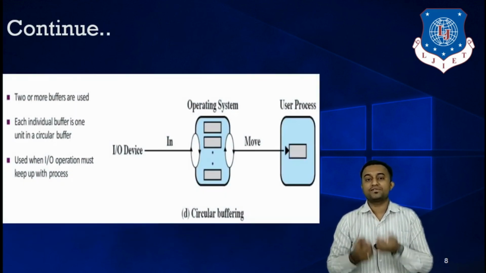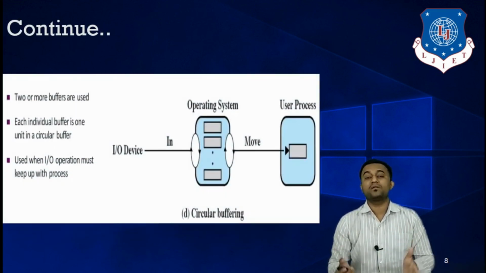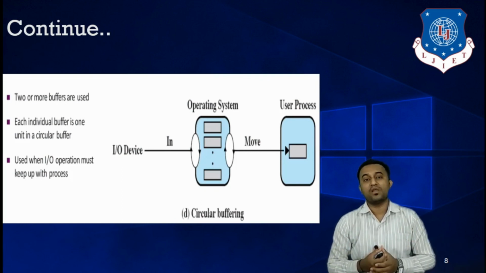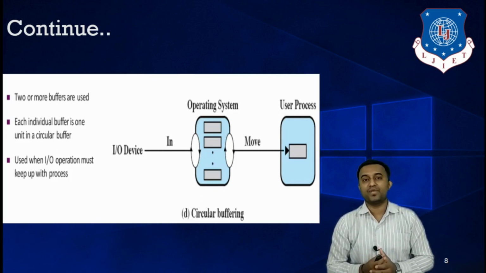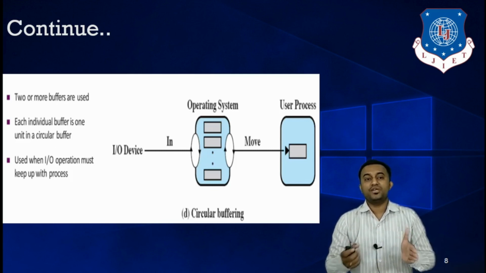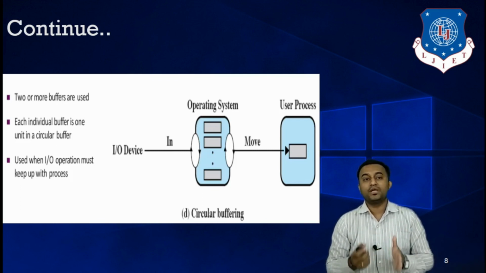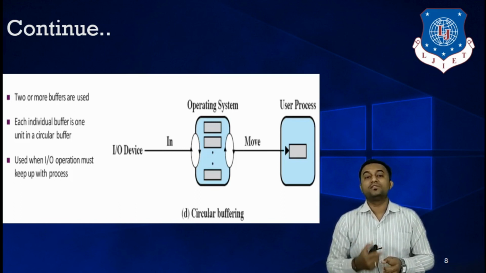The circular buffer strategy is also known as the multiple message buffering strategy. In this case, two or more buffers are used in main memory. Each individual buffer is one unit in a circular buffer. It is used when IO operations must keep up with the process.